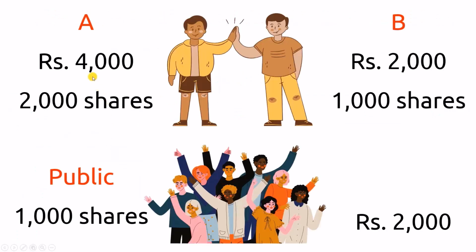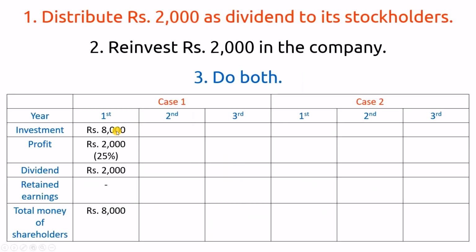Let me go back. 4000 plus 2000 plus 2000. So 8000 rupees. We'll consider 8000 as the investment, and in the first year 2000 rupees is the profit that the company makes. What is profit? We have seen the equation. Let us assume that 25% of the investment is obtained as profit.